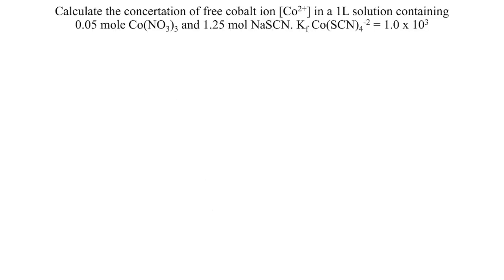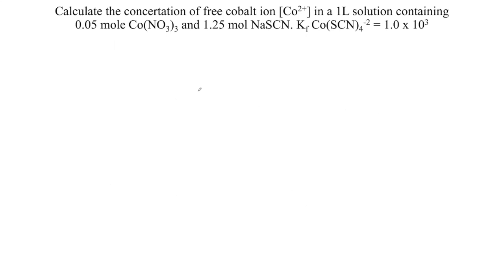So if we wanted to consider a question using this information to solve how much of that free cobalt ion would be left over in solution after some of this complex has formed, we can use an ice table in order to determine that.